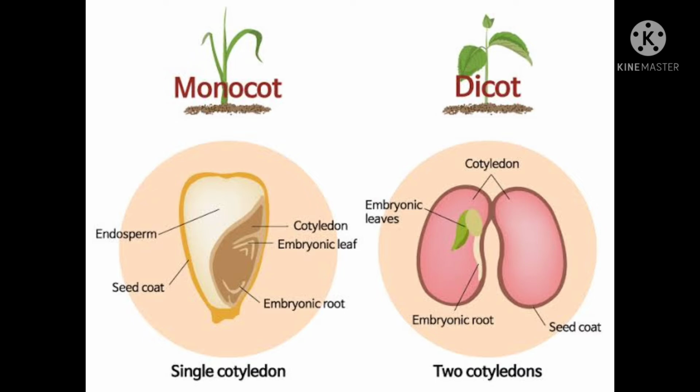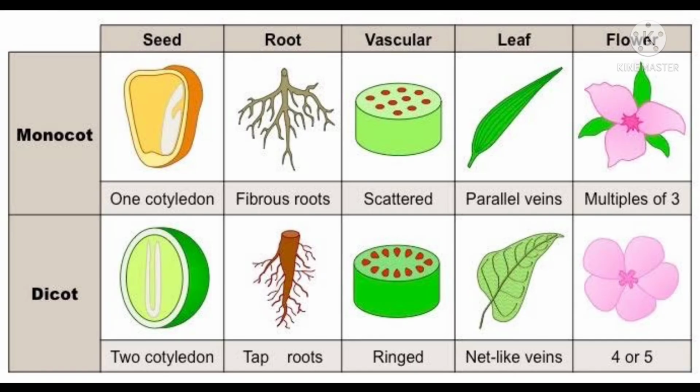If a single cotyledon is present after germination, then the plant is known as monocotyledon. If two seed leaves are present after germination, then it is known as dicotyledon. So plants with seeds having a single cotyledon are called monocotyledons, and those having two cotyledons are called dicotyledons. They are also known as monocots and dicots.